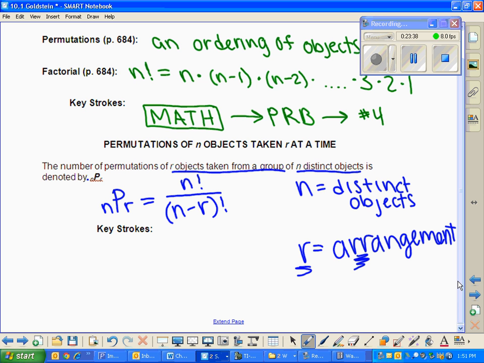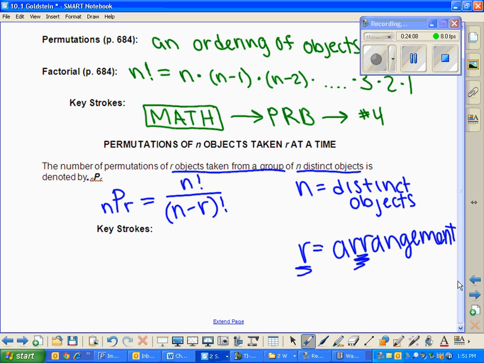The question I have for you: do you think r can be bigger than n? Why not? Right, you're right. R will never be bigger than n. R is being taken from n. Can r equal n? Yeah, it can. What if we want 10 people in 10 places?